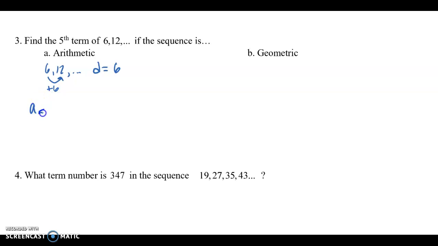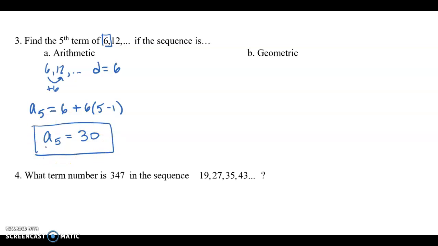And so let's find the 5th term. Well, the 5th term is the first term, which we can identify as 6, plus the d value, 6, times 5 minus 1. All right, and go and calculate that in your head or with a calculator, and that would be 30. So if it was 6, 12 in arithmetic, the fifth term is 30.